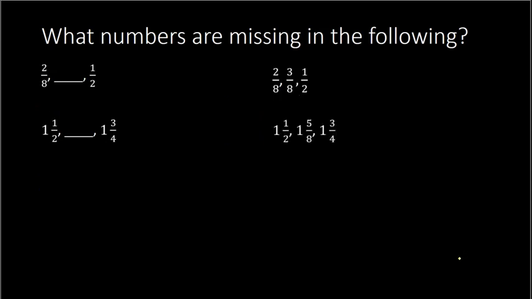Next, we have one last example, and that is 1/3, then 2 blanks, and then 2/3. Okay, so this one, we might want to start breaking this down into something smaller, because what is between 1/3 and 2/3? Well, we need to maybe convert these into sixths.